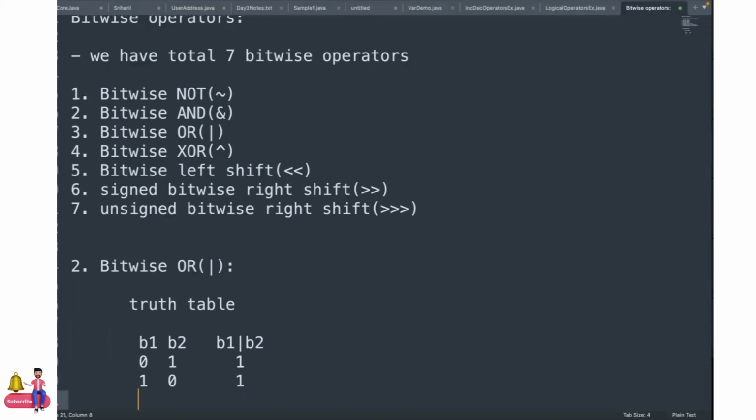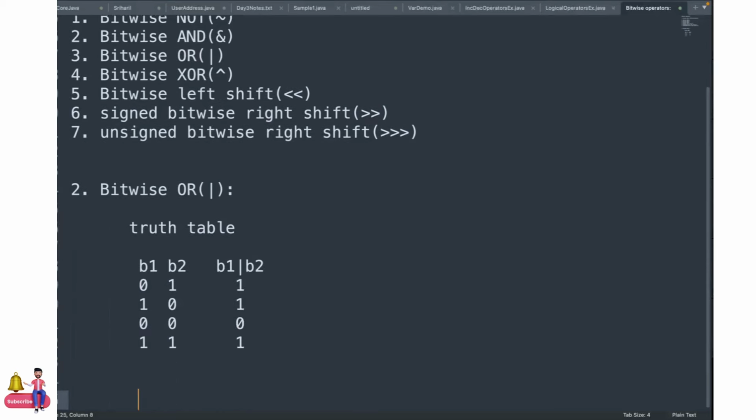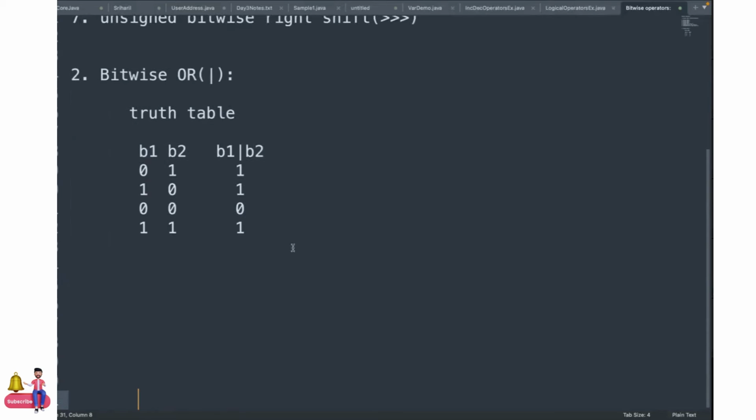If the first bit is 0 and the second bit is also 0, the combination is going to be 0. And lastly, I have 1 and 1, and the output is going to be 1. So this is the truth table.